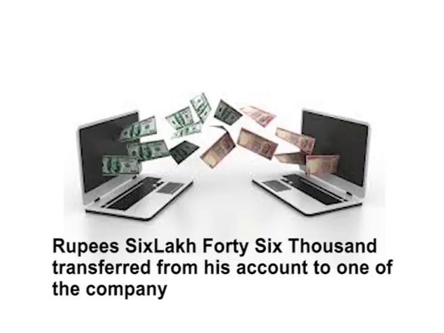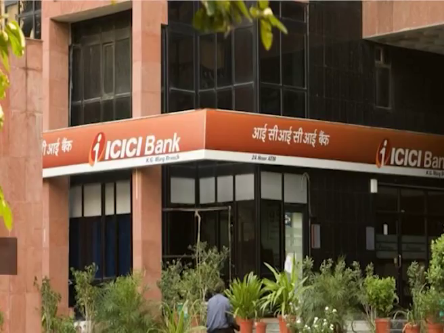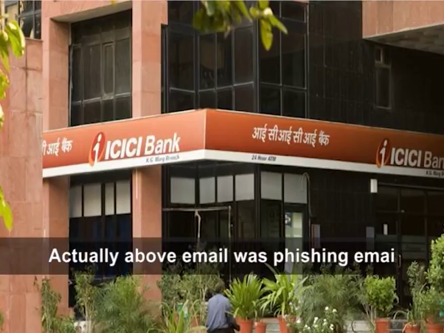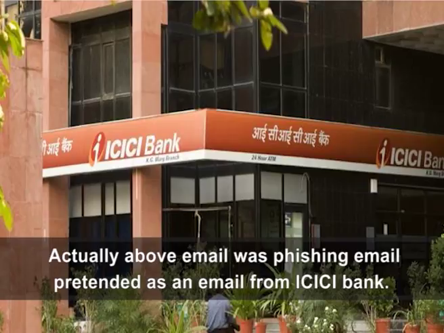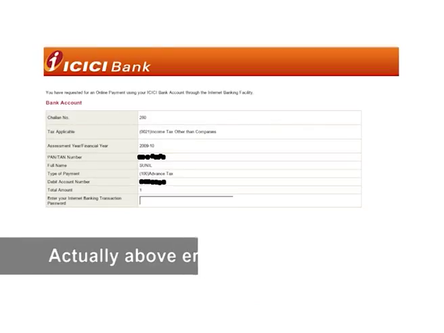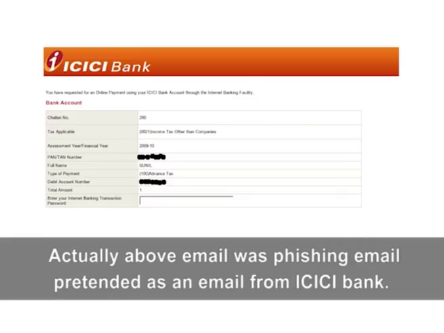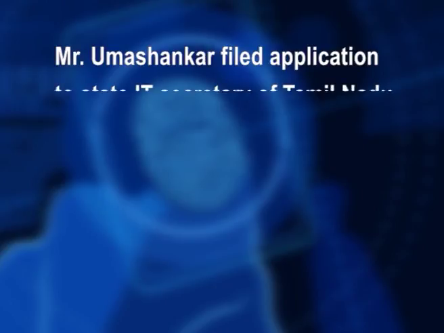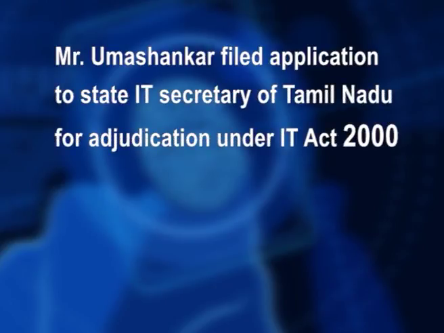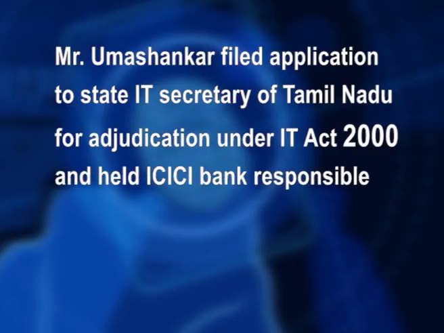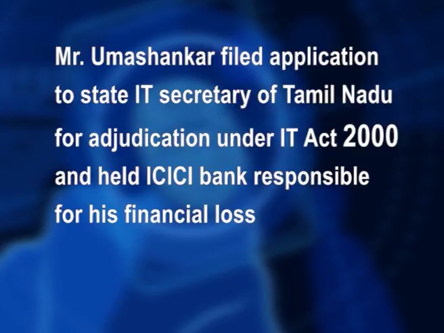He replied with his internet banking credential details, and he found rupees 6,46,000 transferred from his account to one of the companies, and rupees 4,60,000 withdrawn from the ICICI Mumbai branch. Actually, the above email was a phishing email pretending to be an email from ICICI Bank. Mr. Umashankar filed an application to the State IT Secretary of Tamil Nadu for adjudication under the IT Act of 2000 and held ICICI Bank responsible for his financial loss.